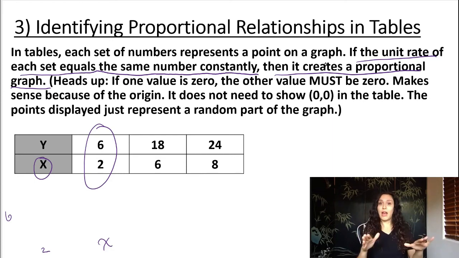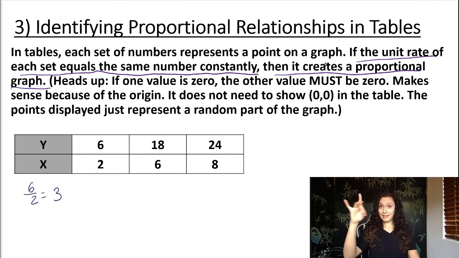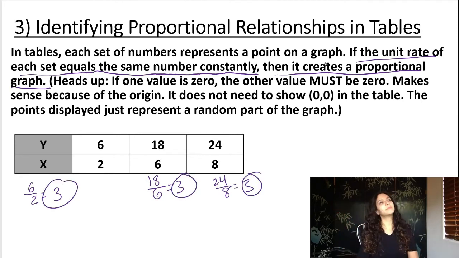What would I do? I would just divide those, y over x. So what is 6 divided by 2? Oh, that makes 3. Let's check this one. 18 divided by 6. Oh, that makes 3. What about 24 divided by 8? Oh, that makes 3. Oh, it's proportional. This graph is proportional. Perfect.